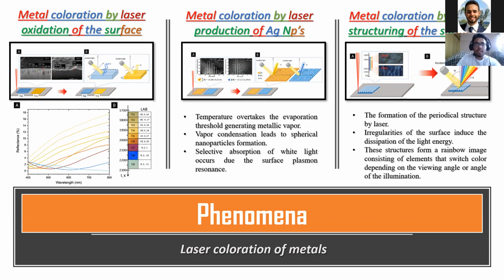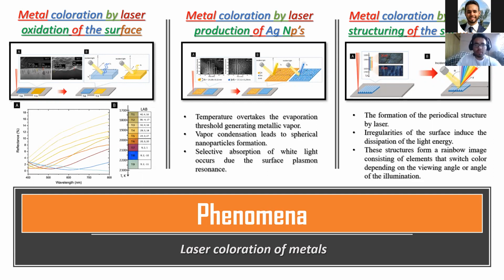In the case of laser nanoparticle production, which is in the middle of this slide, when the laser interacts with the metal surface, temperature overtakes the evaporation threshold, generating a metallic vapor. Due to convection, in a short time, temperature rapidly decreases and the vapor condensation leads to spherical nanoparticle formation.